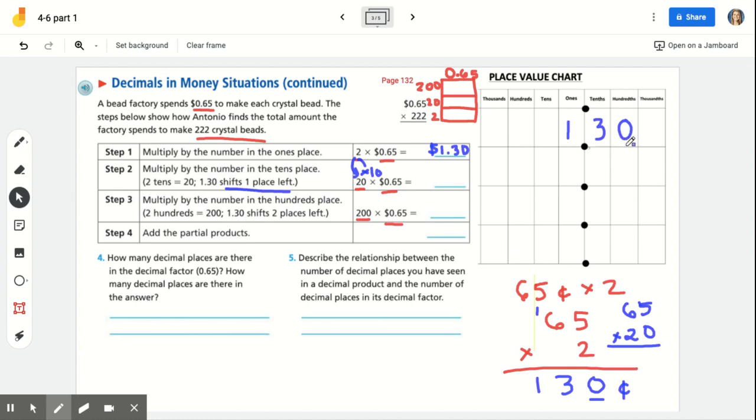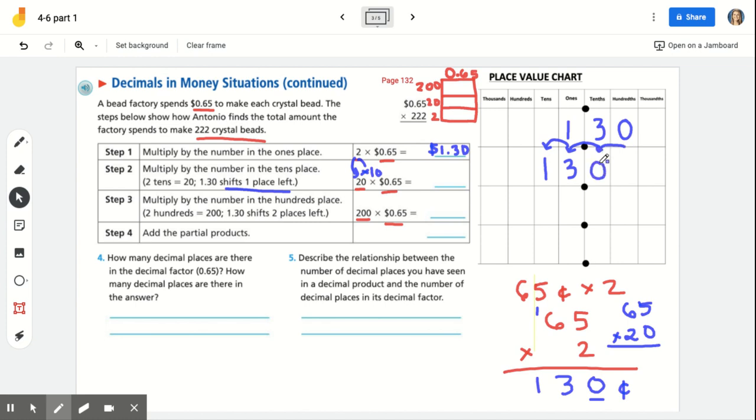So let's do it. Let's see our place value chart, $1.30. We're going to make this 10 times as big, and we're going to shift each digit one place value to the left. So let's start with our ones. The 1 is going to go from the ones to the tens, and let's put that into the second row. The 3 in the tenths place, or 3 dimes, 10 times as much becomes 3 ones, or 3 $1 bills. And the 0 follows.